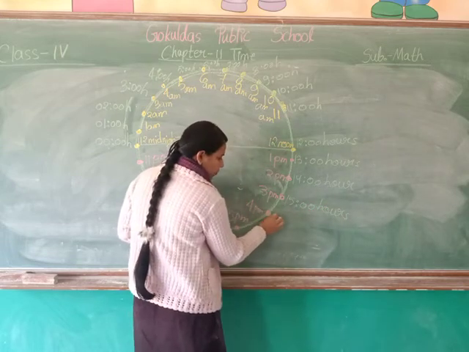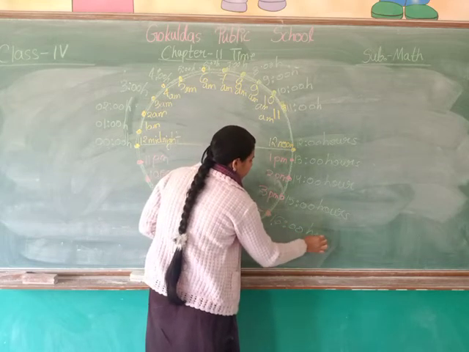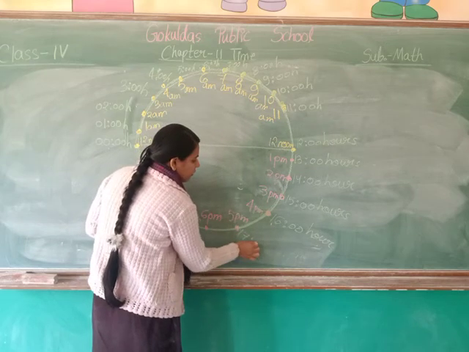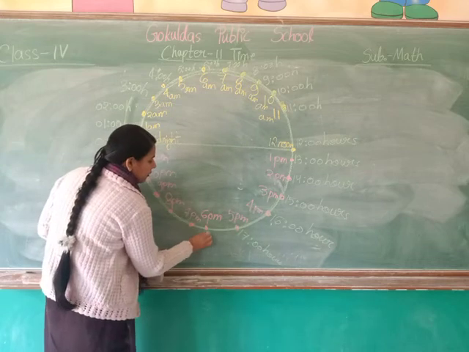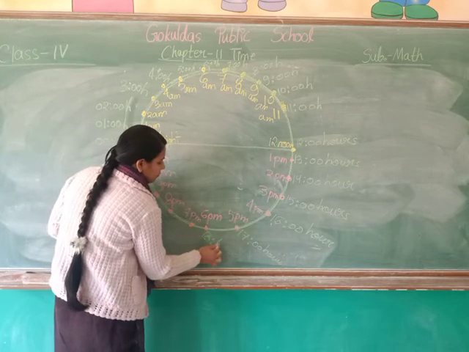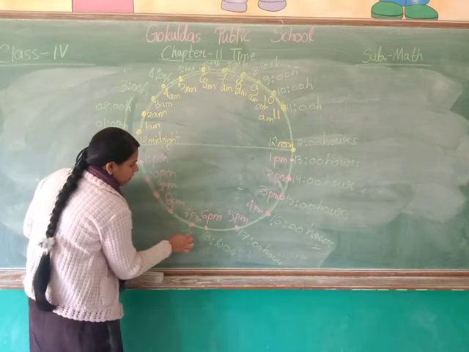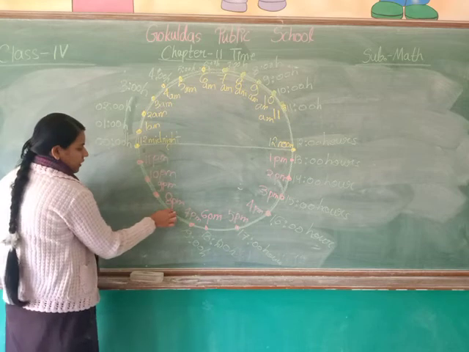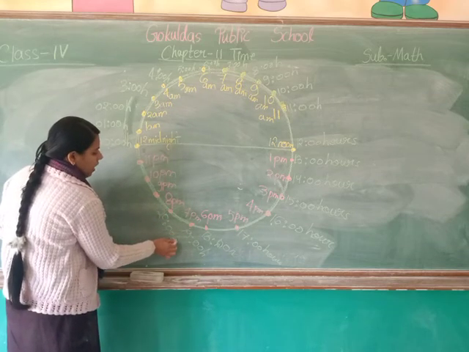The next will be 16. The next will be 17. Then 18 hours. 7 PM means 19 hours. 8 PM means 20 hours.